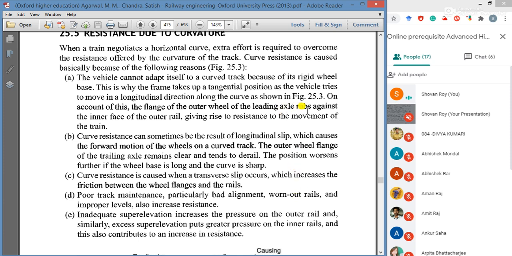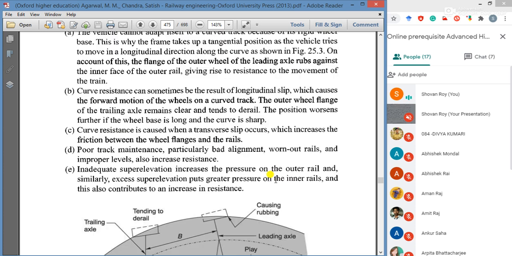Longitudinal friction is normally generated from the flange of the outer wheel of the leading axle, the friction between the flange and the railway track. This is one reason. Another reason is the horizontal movement, that is called slip.